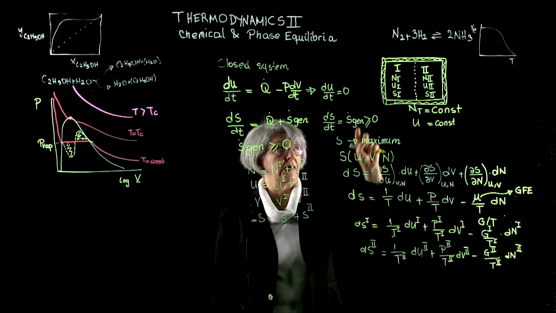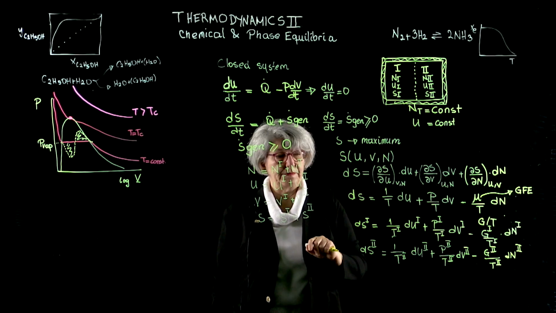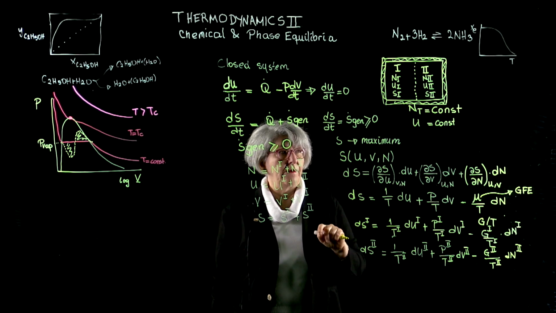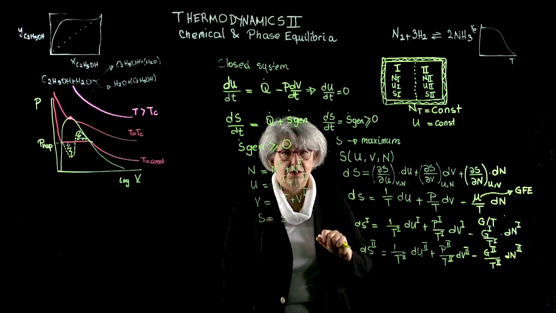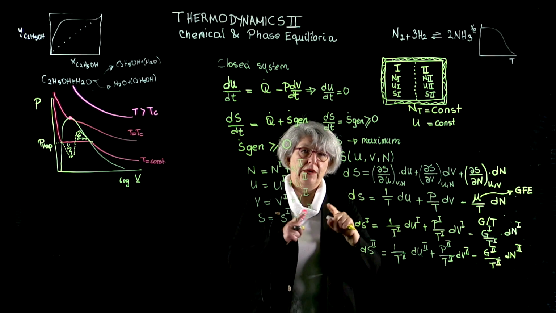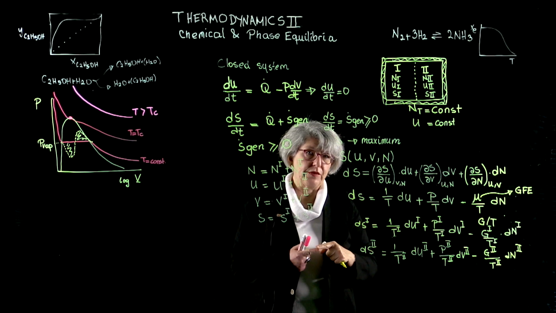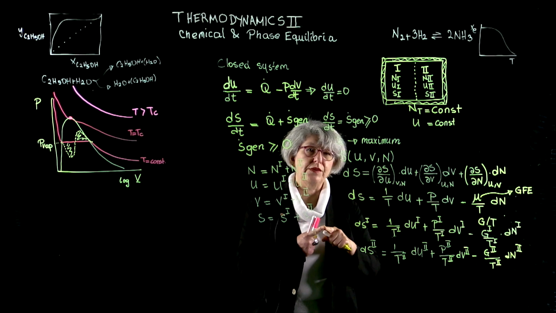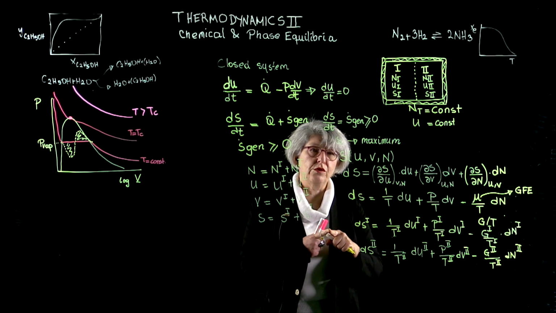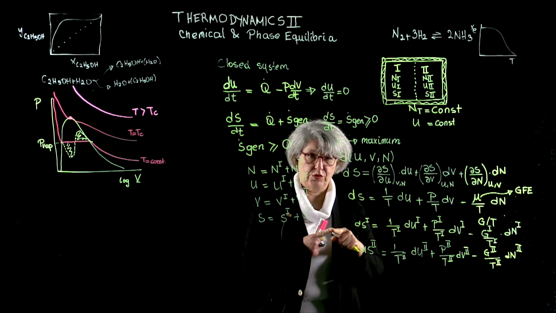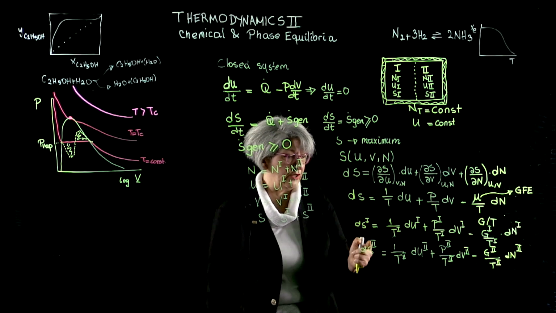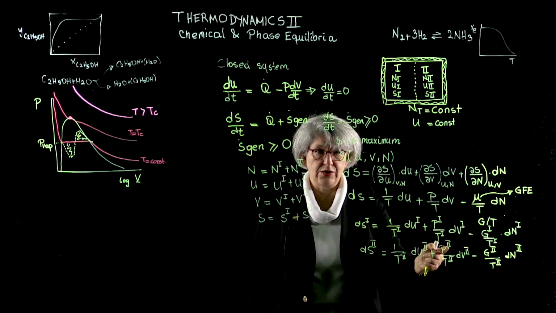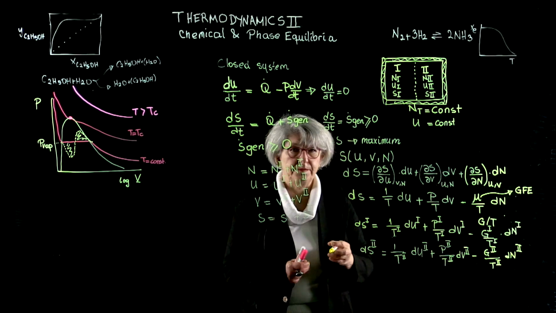When we sum them up, we get the overall process entropy, and we relate it to the state variables of temperature, pressure, and Gibbs free energy.